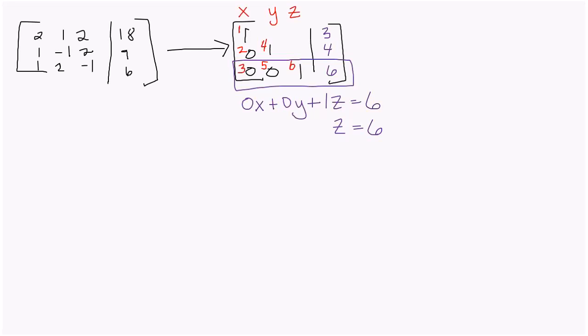And now that I know that z is equal to 6, just based on that final row, I can then go to my second row and solve for y based on z. Now I don't have it all filled in, so it's a bit of a jump to see that, but that's what we're trying to work towards.